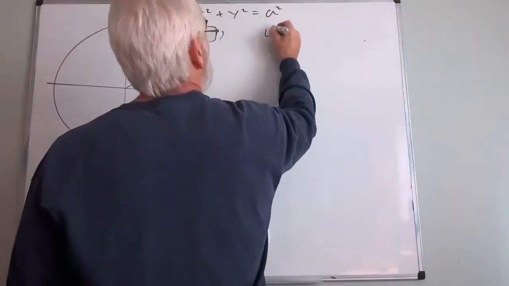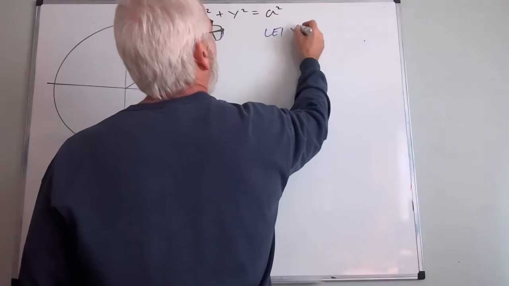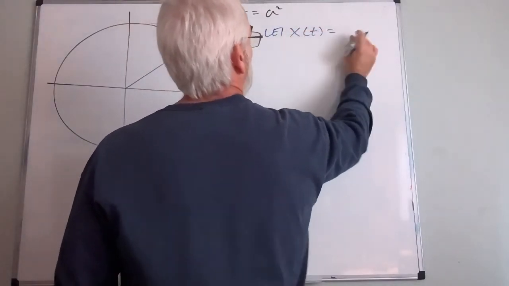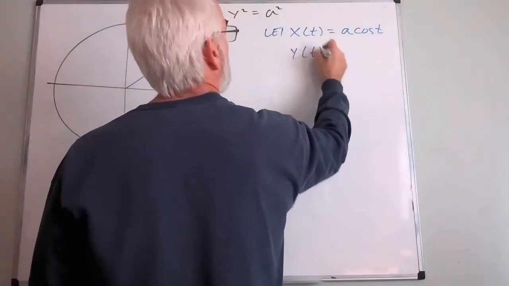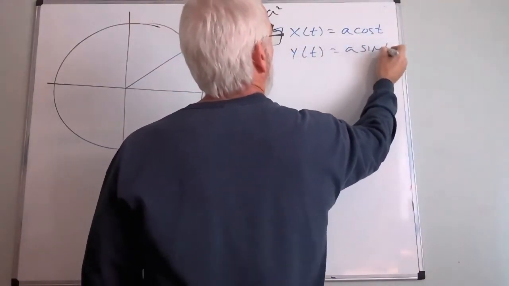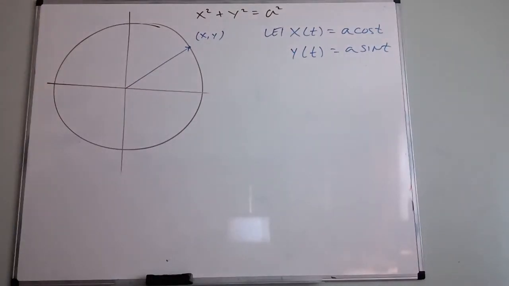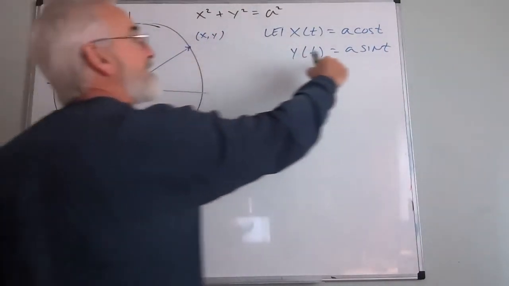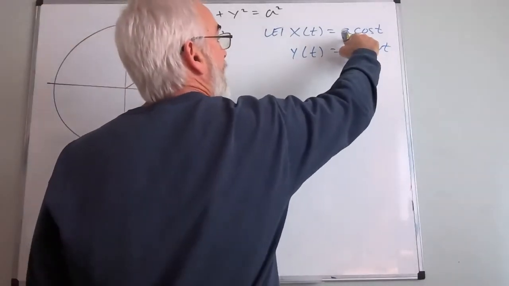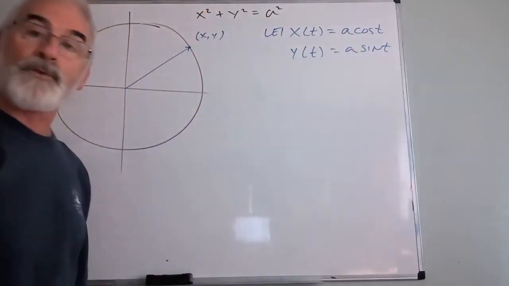So in this case here, we'd say, let's let x of t be a cosine t and y of t be a sine t. So if I do a quick check, okay, then the x comma y would be exactly this point, right? A cos comma a sine. We know that would be true.